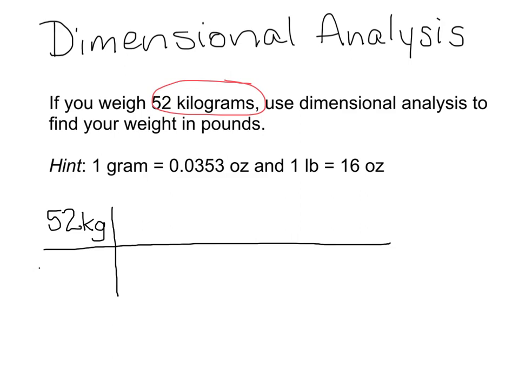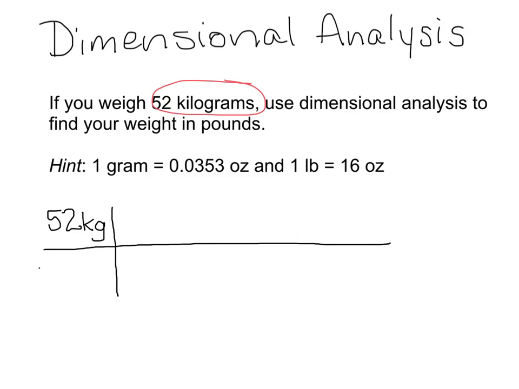Okay, now I know that there's a relationship between kilograms and grams, and I have information here in the hint that 1 gram is 0.0353 ounces and 1 pound equals 16 ounces. So if I can work that in some way, I can figure out my weight in pounds.